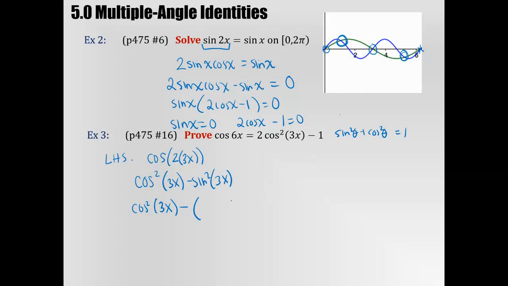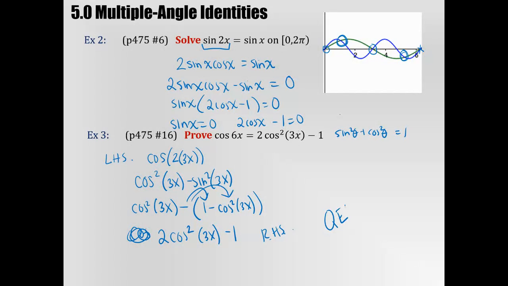So sine squared is going to be 1 minus cosine squared of 3x. I'll distribute that minus, that's subtraction. It's cosine squared 3x minus negative cosine squared 3x. That's like a double negative, that's positive. 2 cosine squared 3x minus 1. Oh my goodness, that's the right-hand side. And we're done.